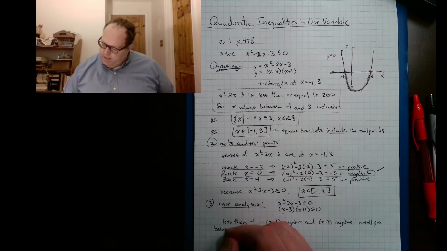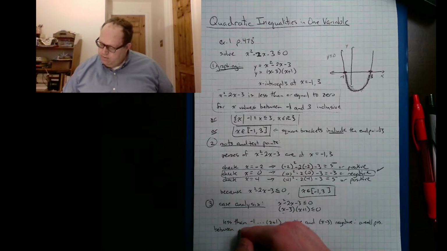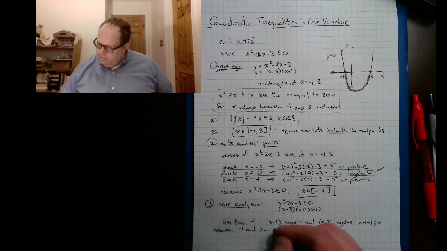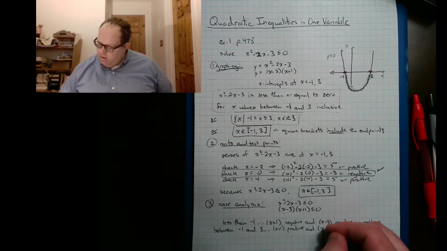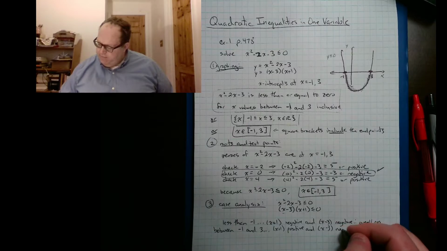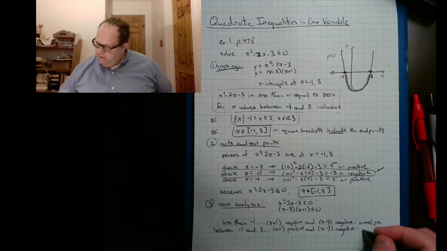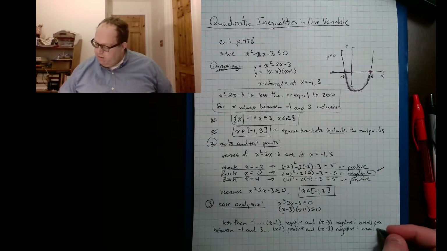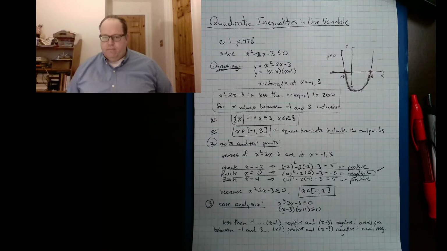If I go between negative 1 and positive 3, then x plus 1 is positive, x minus 3 is negative. Therefore, overall, I have a positive times a negative, and the whole thing is negative.